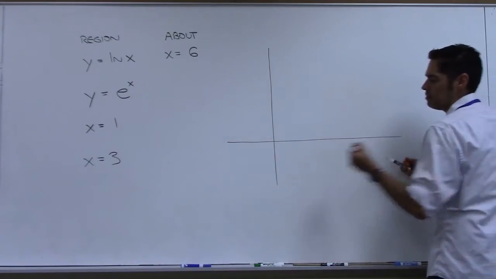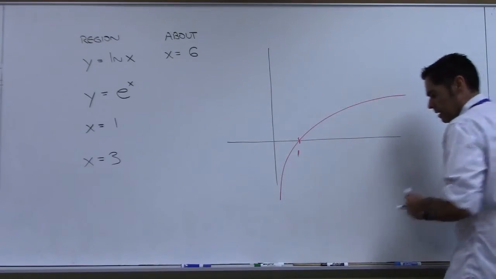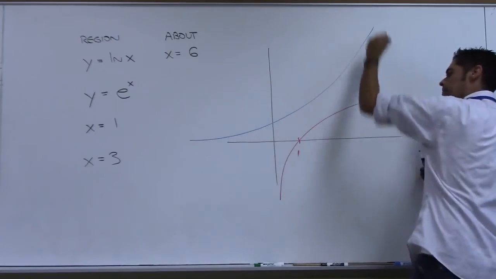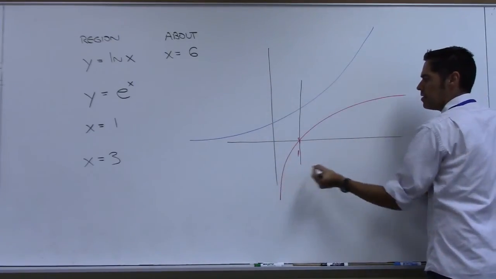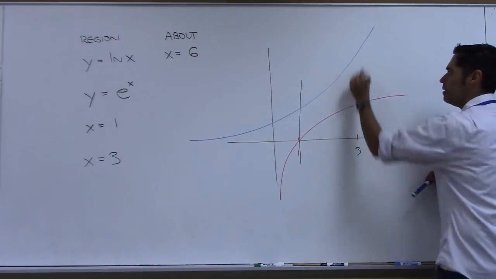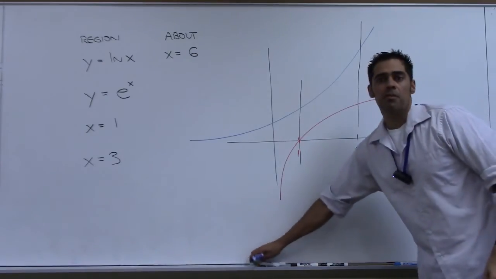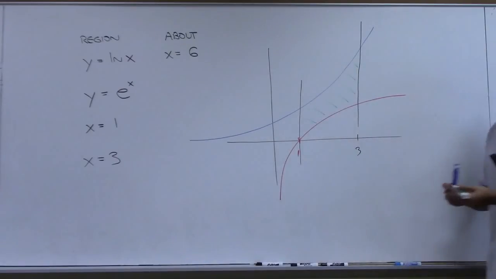Natural log x looks like this. That happens at 1. E to the x looks like this, right? X equals 1 is here. X equals 3 is here, yeah? The region's enclosed by those four curves.